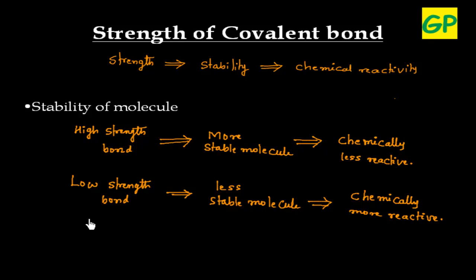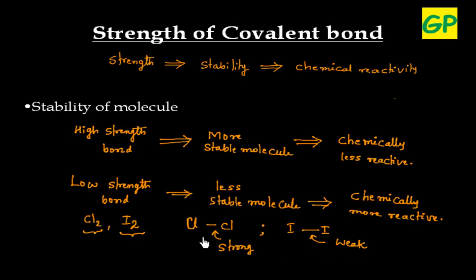For example, let us say chlorine and iodine. Chlorine has a strong bond, iodine has a weak bond. So I have chlorine-chlorine and I have iodine-iodine. This bond is a strong bond and this bond is a weak bond.